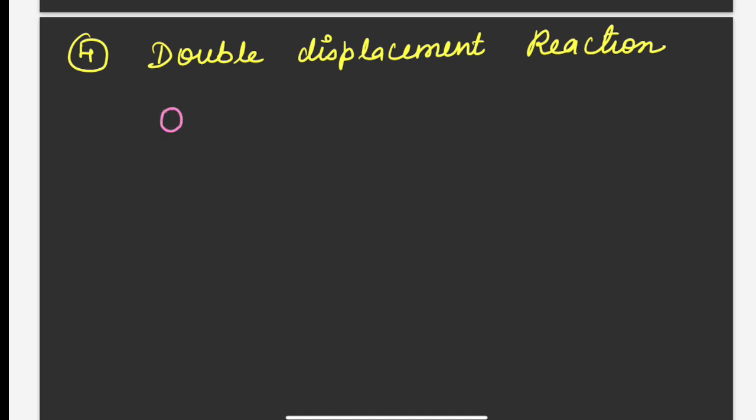So let us take two reactants. So this is one reactant. We are treating it with a second reactant. This is the second reactant. So observe the product which is formed here.